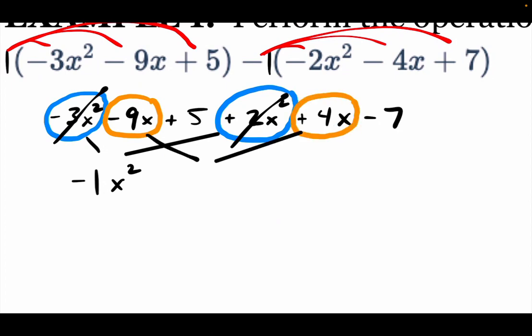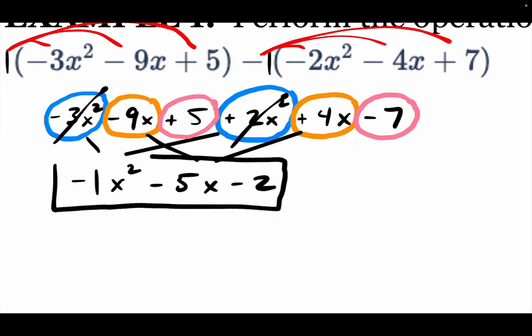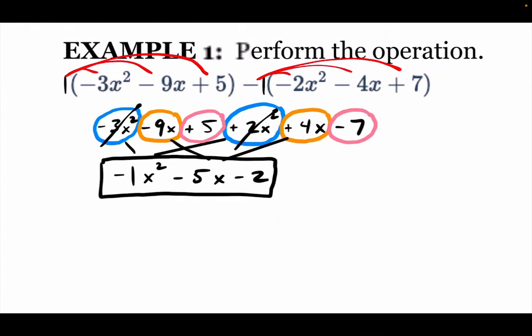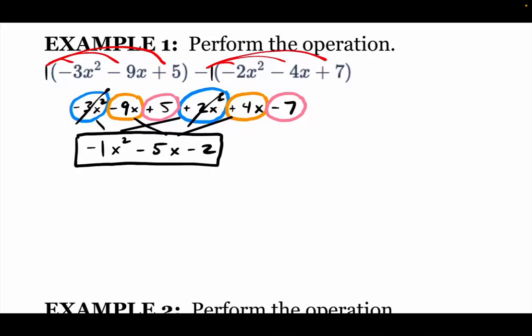Add those coefficients, negative 5x. Last guys, positive 5, negative 7, negative 2. No more like terms, you're done. Get rid of parentheses, combine like terms. Okay, not too bad.